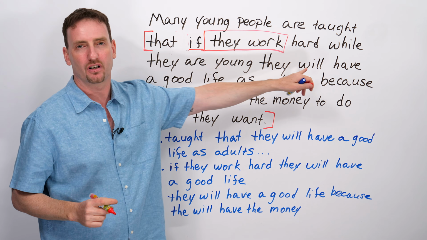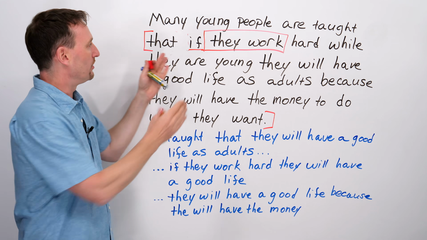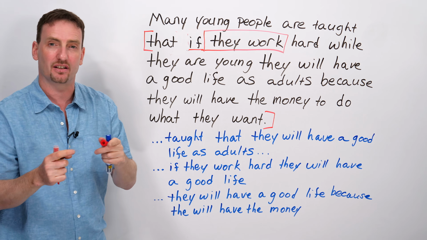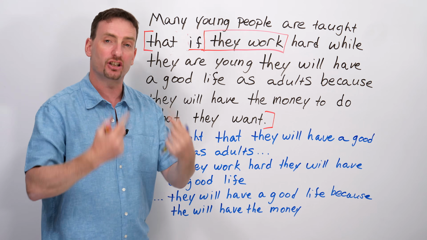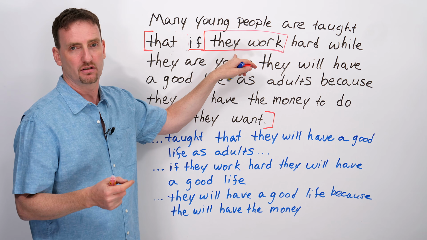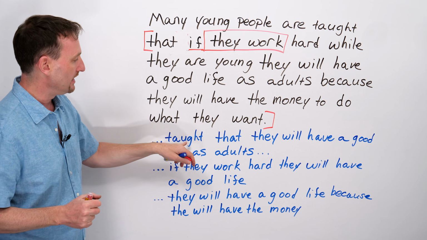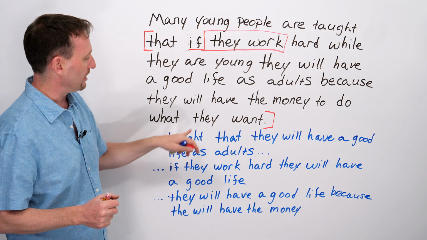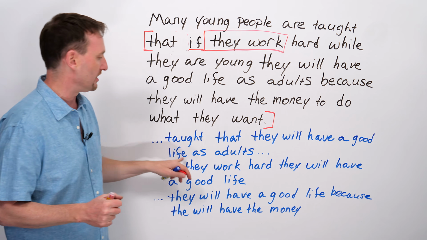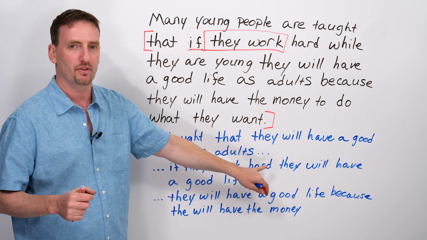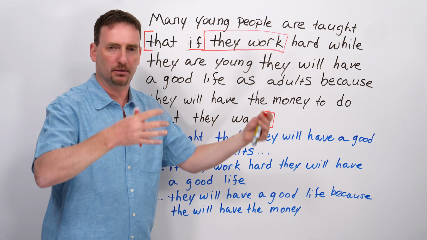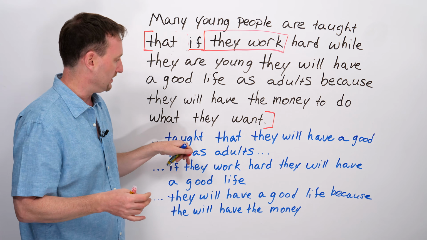That they work. So right away, you can notice that both of these conjunctions are actually sharing a clause, a subject and a verb combination. So if I break it down like this, so young people are taught that they will have a good life as adults, right? This is your independent clause with the object noun clause.